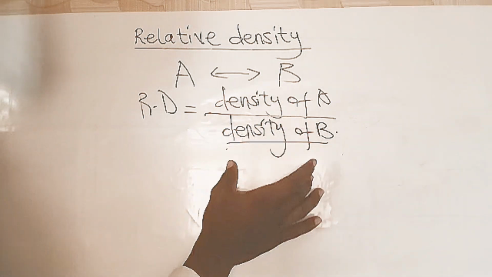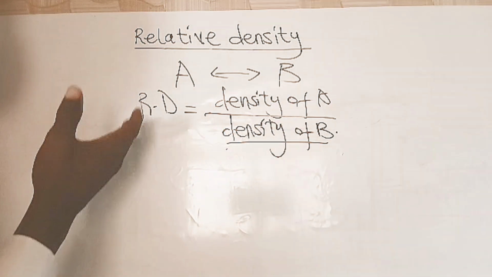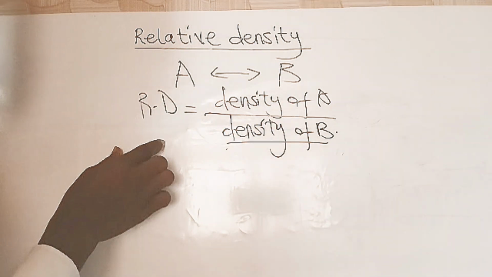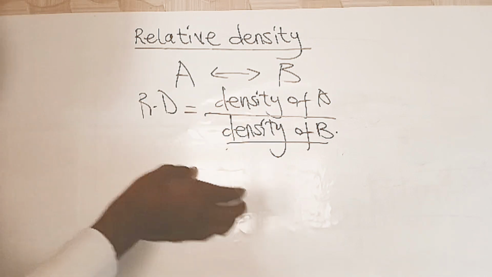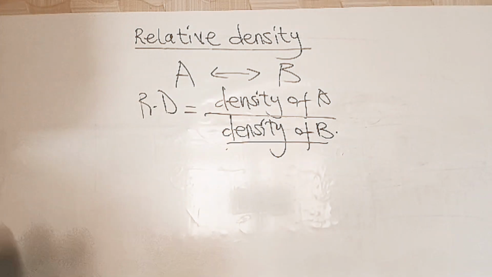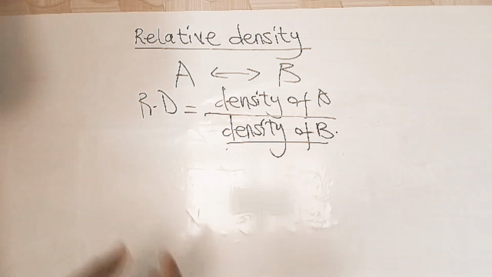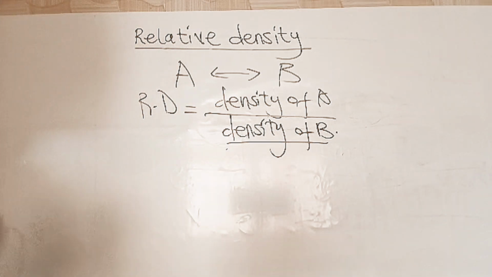If we take the ratio of two densities, you get relative density, which means you are comparing them. And relative density has no unit because it is a ratio of two densities. The units divide each other, making it unitless.